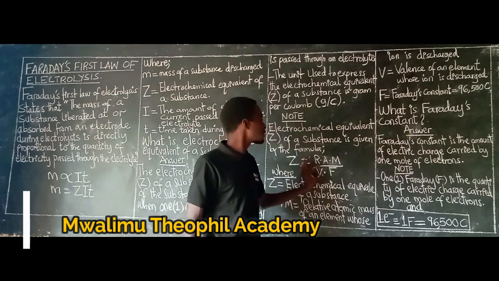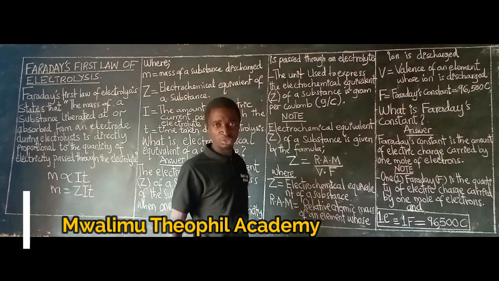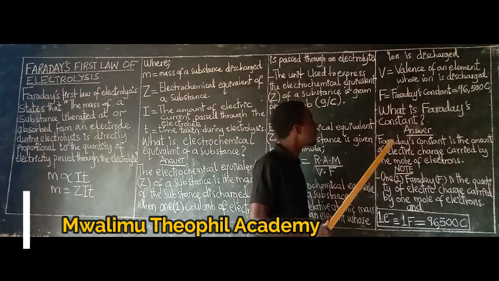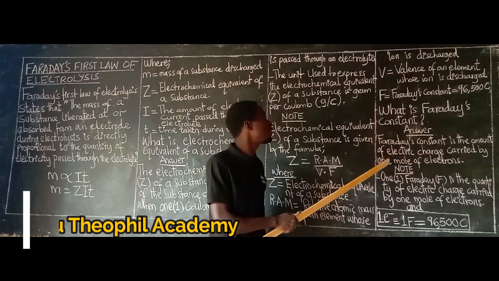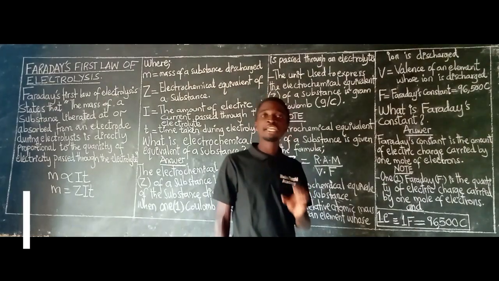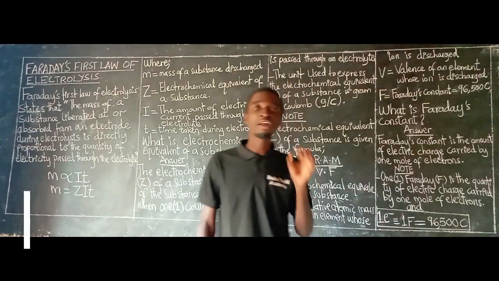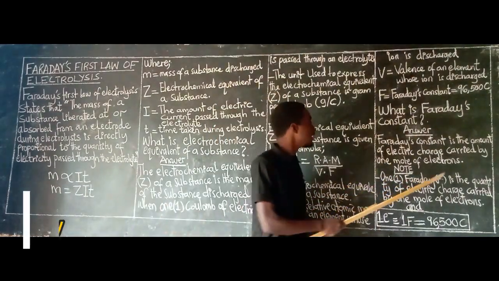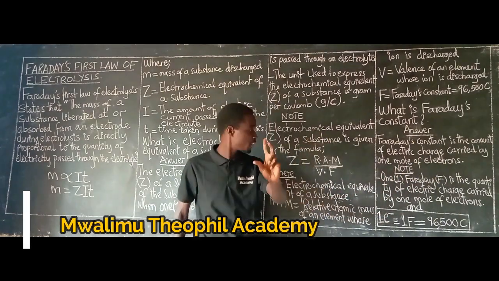Now, we have introduced a new term, which is Faraday's constant. What is Faraday's constant? Simply, Faraday's constant is the amount of electric charge carried by 1 mole of electrons. You have to note that 1 Faraday is the quantity of electric charge carried by 1 mole of electrons.